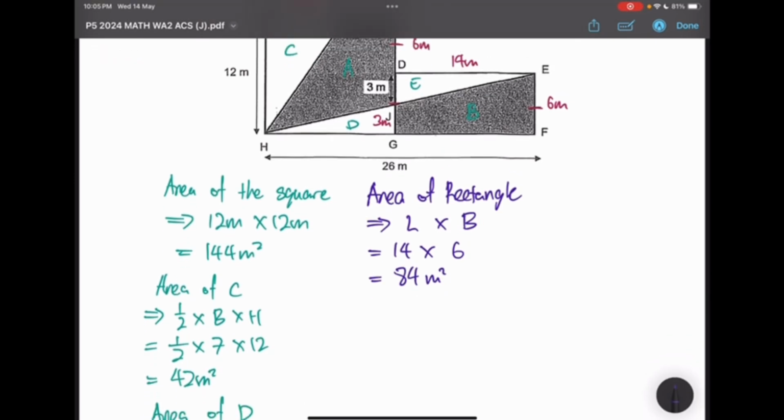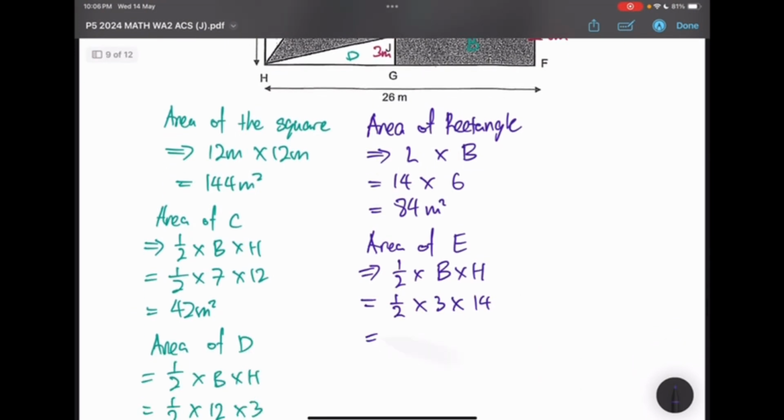Now, to find shaded part B, I need to first find the area of my triangle E. So, area of E equals half times base times height. Looking at triangle E, I can see that my base is 3 meters. So half times 3 and the height of 14 meters. This would give me 21 meters square.